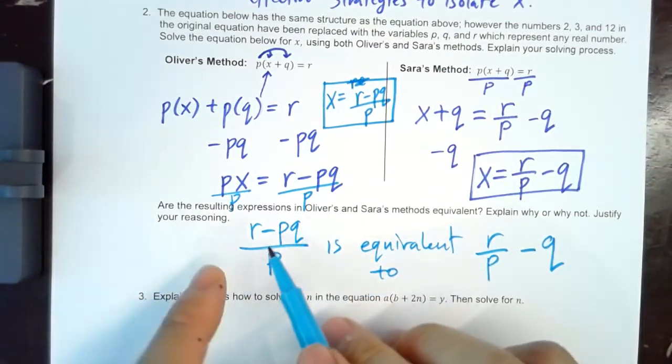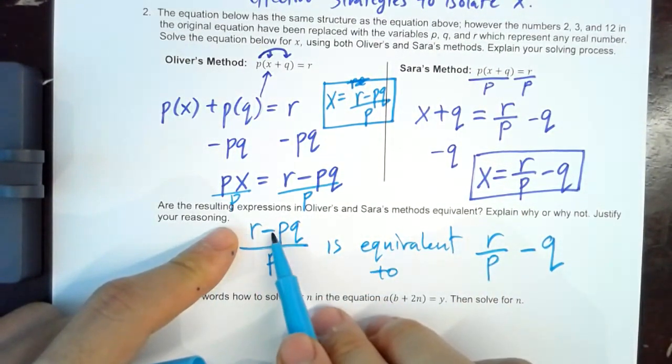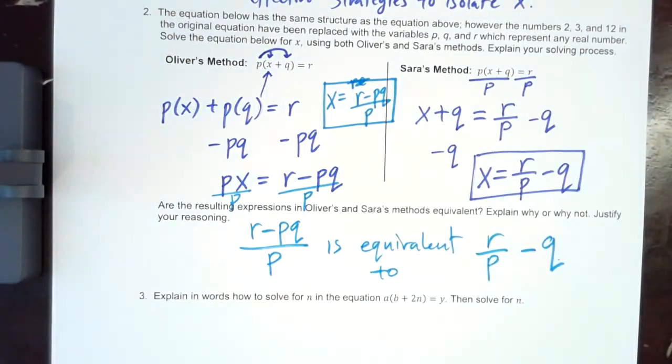You still have r divided by p, and then minus, when you divide pq by p, you just get a singular q.